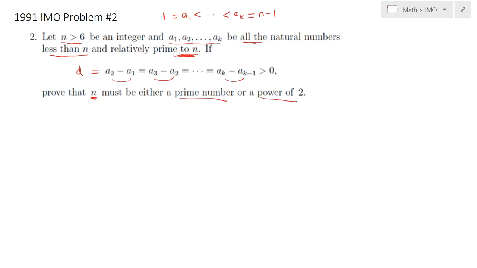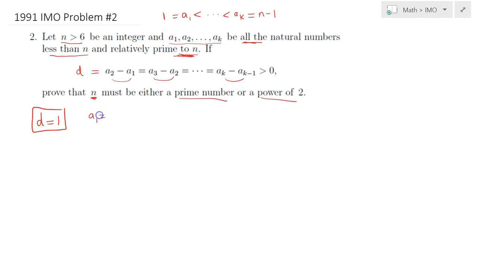Okay, I would like to approach it by first considering what happens for different values of d. In particular, I'm interested in this sequence when d is equal to 1. When d is equal to 1, all the numbers less than n apparently are in our progression, meaning that all of them are relatively prime to n, right?